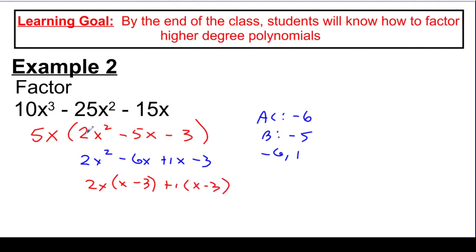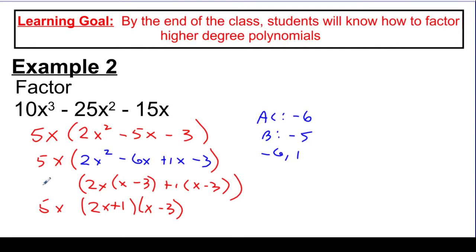And so the factors of 2x squared minus 5x minus 3 are 2x plus 1, which are my outside terms, and the x minus 3 that you see repeating in there. And again, don't forget this 5x. This has got to come down. Technically, it was sitting out there the whole time, but just to make it look a little bit nicer, we didn't write it in there.